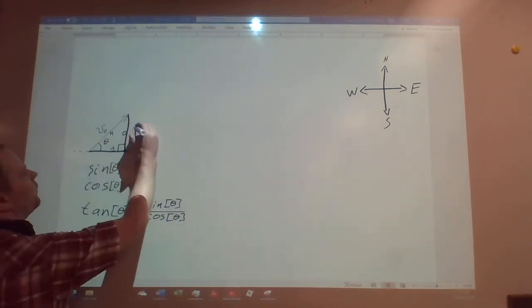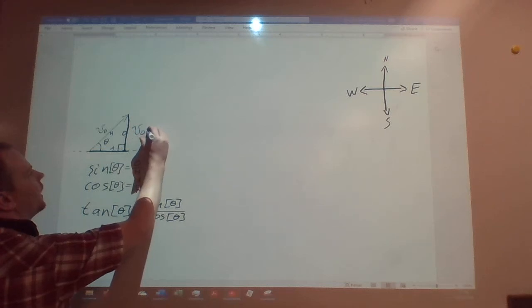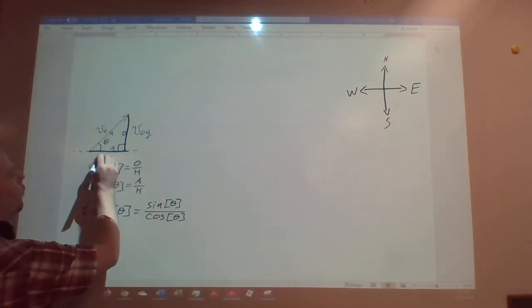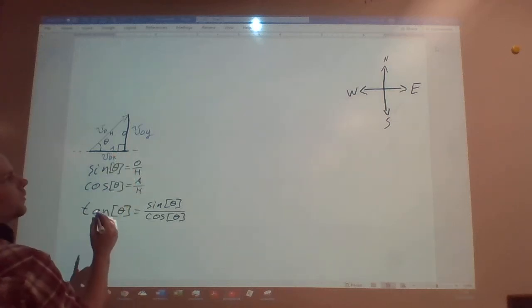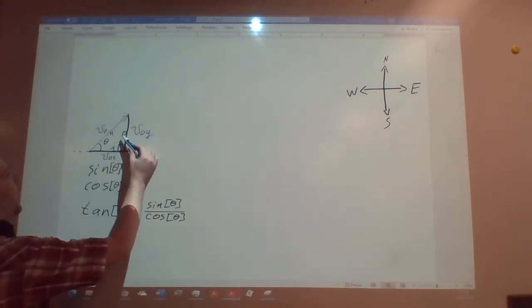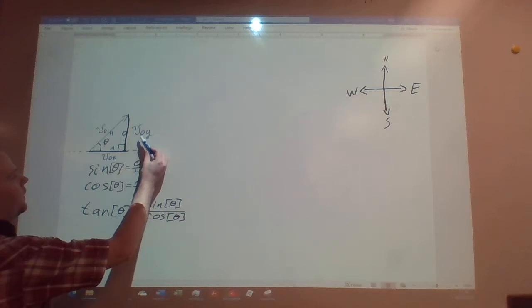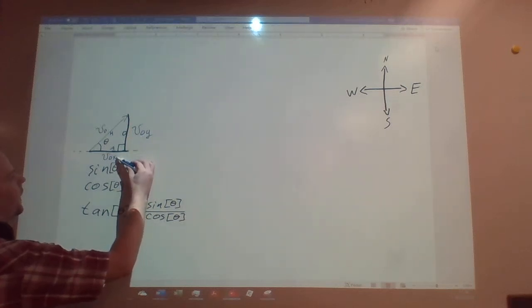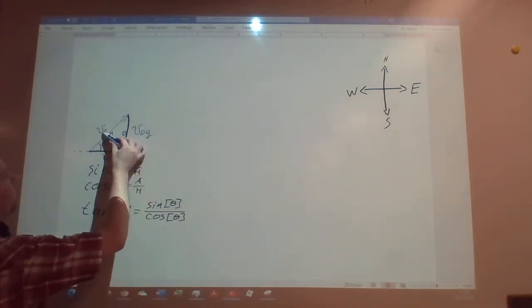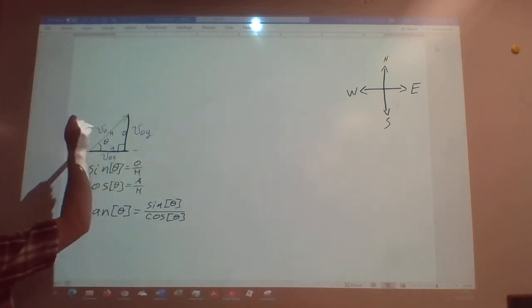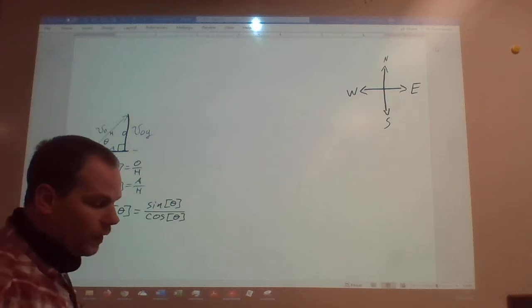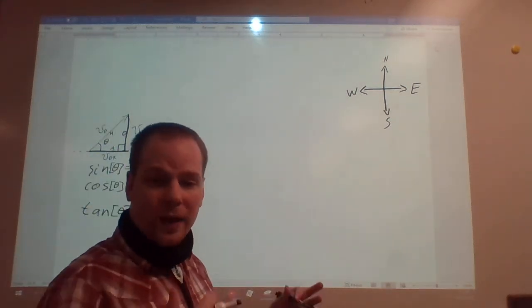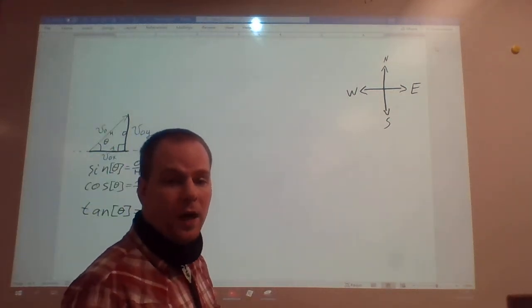So then if we are going to try and break this vector up into its components, the vertical component would be called v naught y, and the horizontal component is called v naught x. So opposite is v naught y, adjacent is v naught x, and the hypotenuse refers to v naught, which is the initial velocity that we know. So let's say that we want to calculate v naught y.